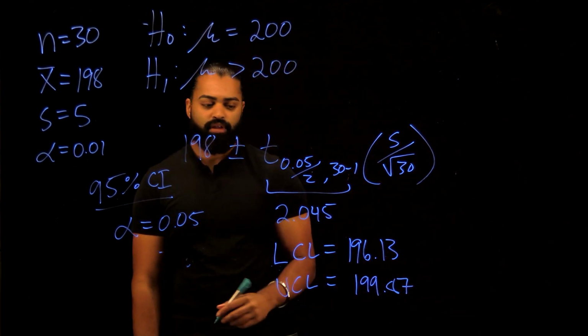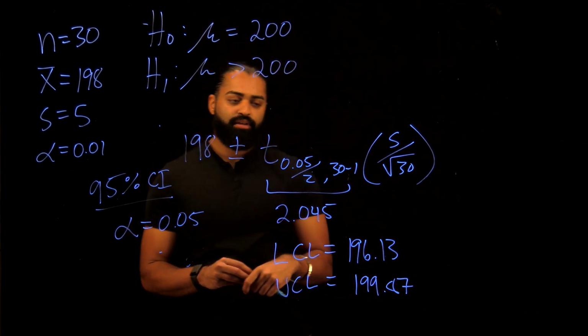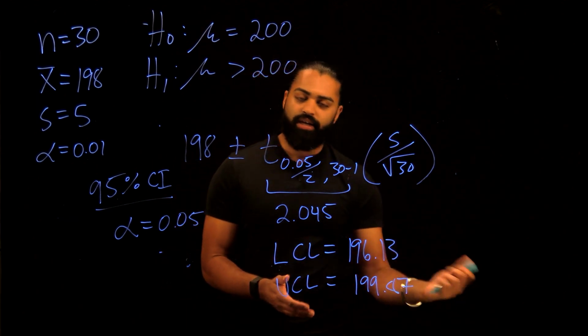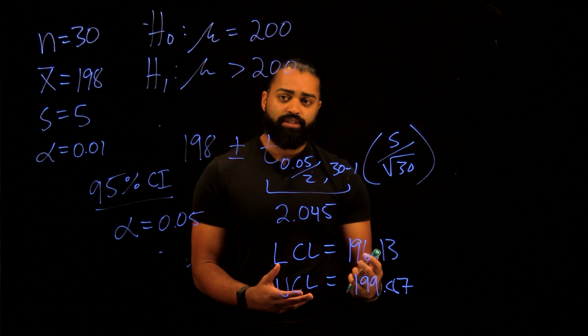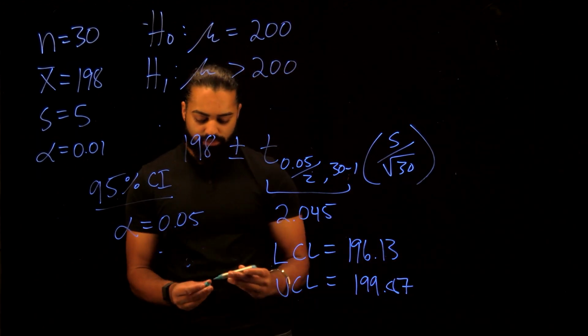So with 95% confidence, the average grams is in between 196 grams and 199.87 grams, something along those lines. So you should be able to get to that conclusion using this information.